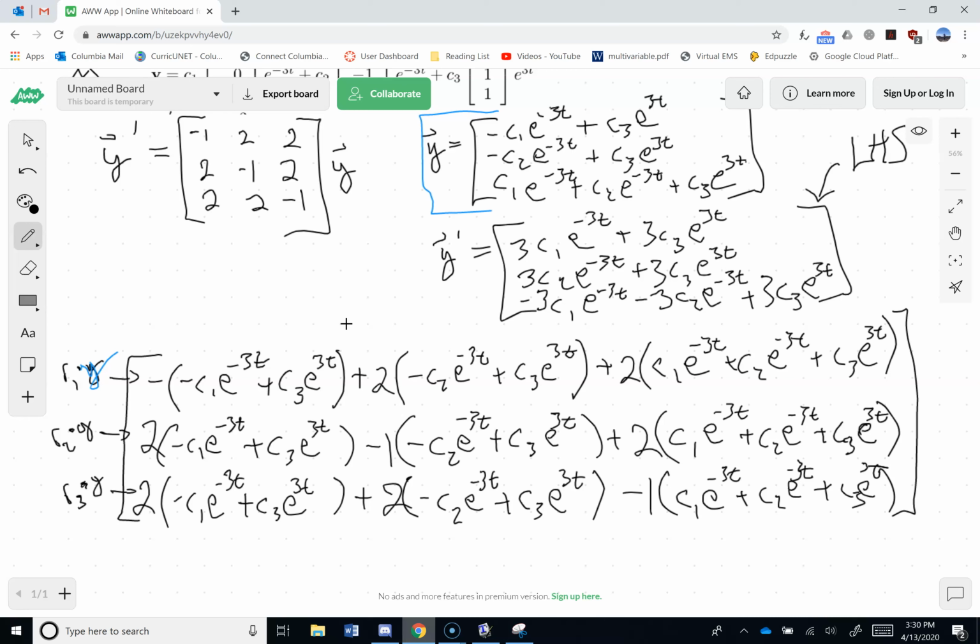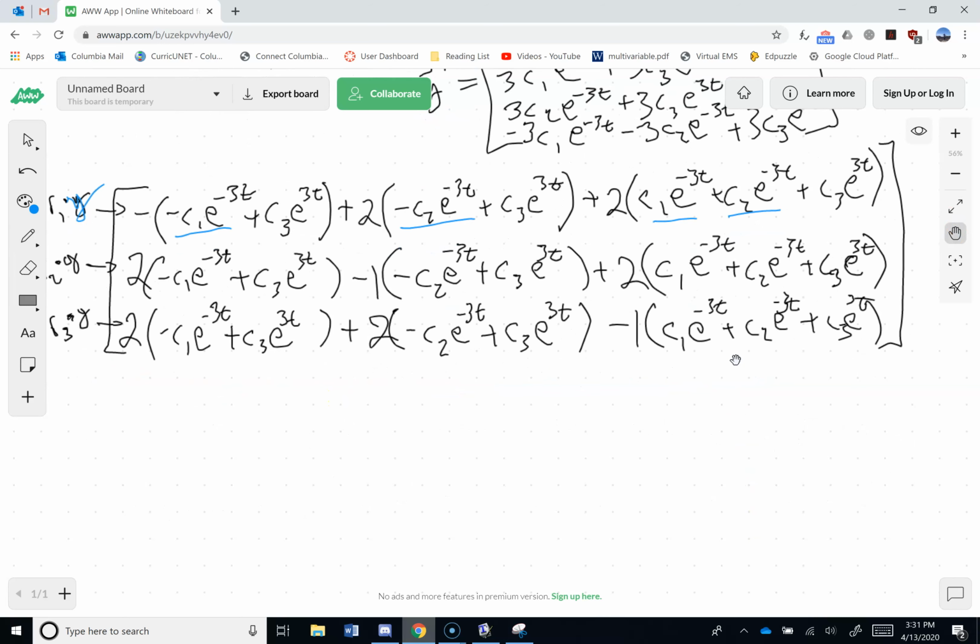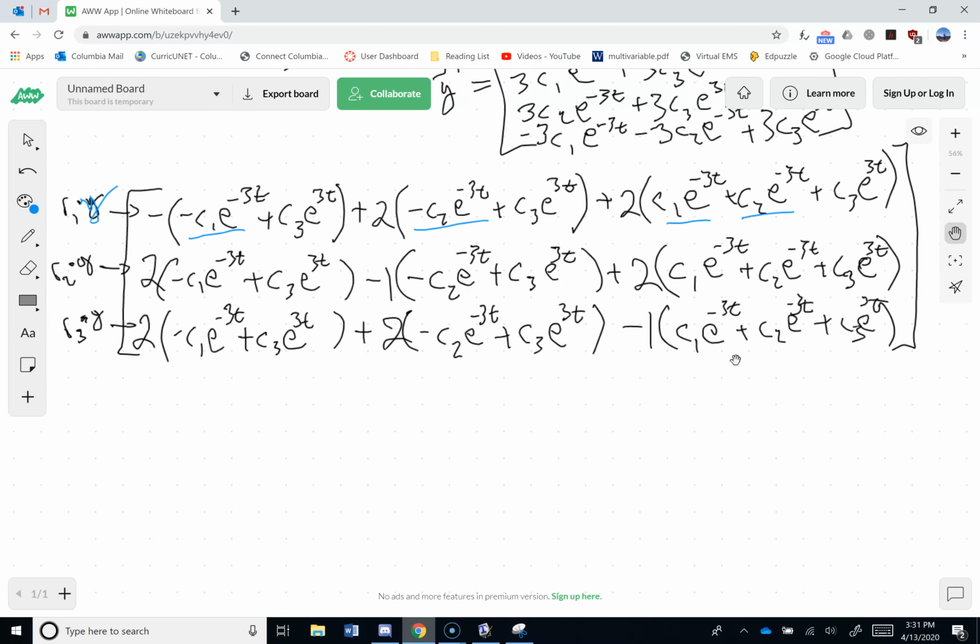Okay, so point is, I should be able to now stick all these things together, combining like terms. So I'm going to go through and find the e to the minus 3t's. There's some, there's some, there's some, and there's some. That first one is a c1 e to the minus 3t, that's positive.